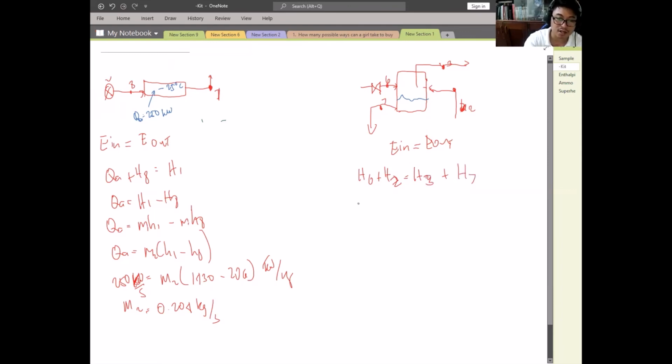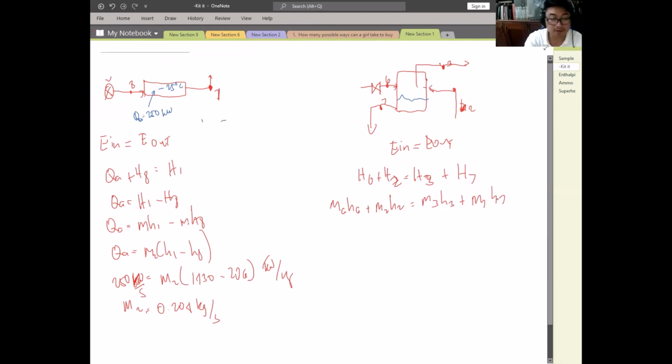Let's elaborate using specific enthalpy. So M6 H6 plus M2 H2 equals M3 H3 plus M7 H7.